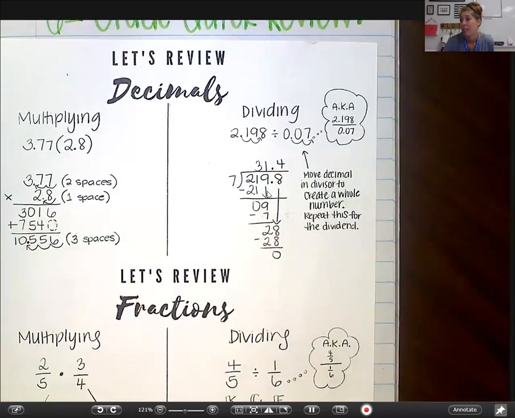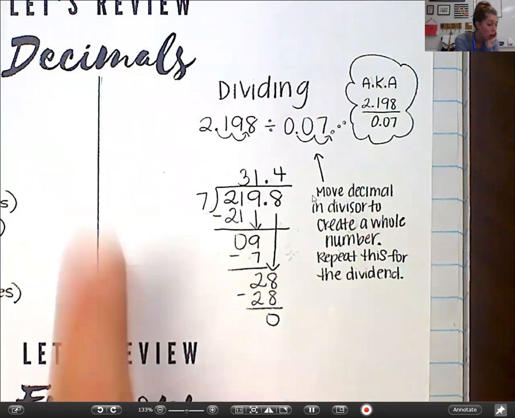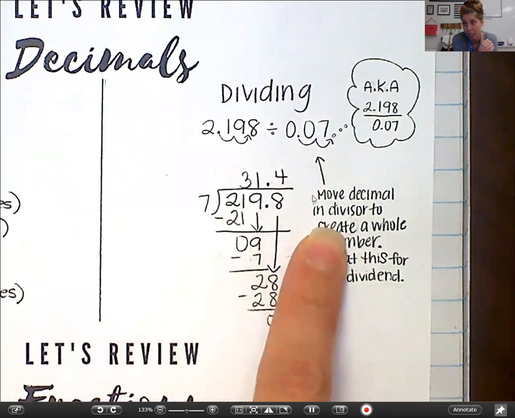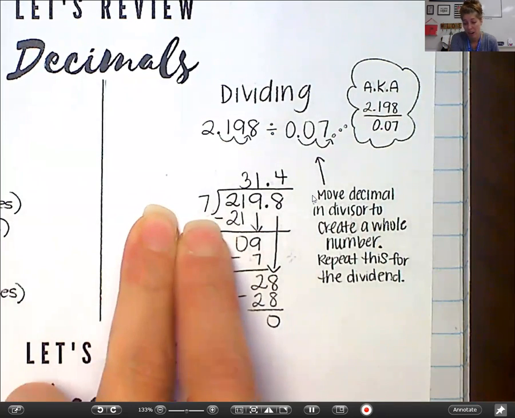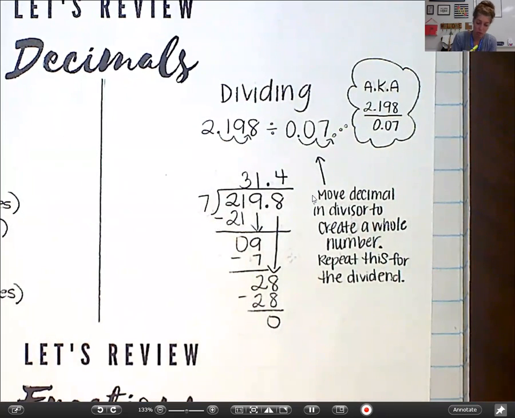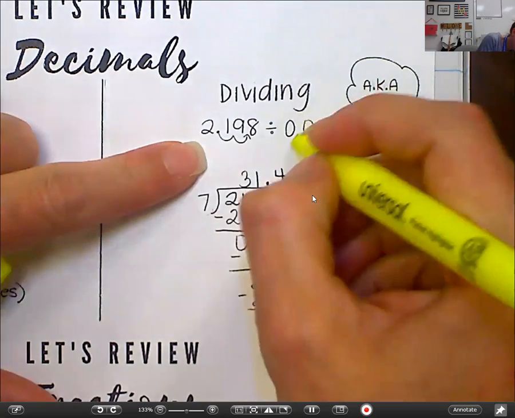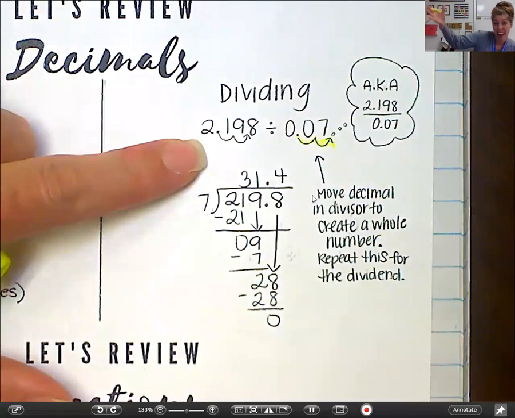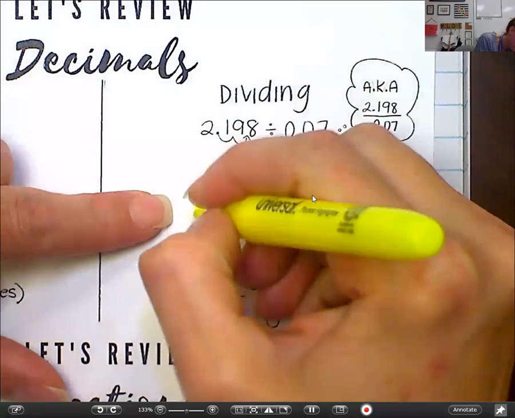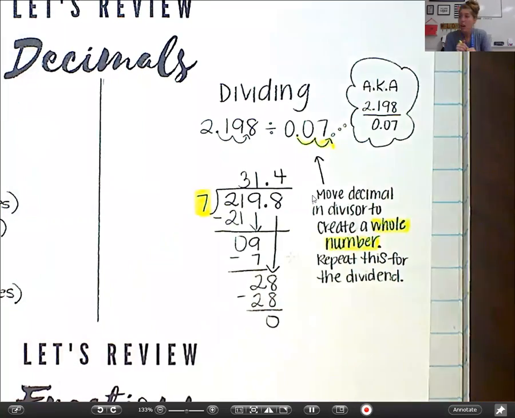So the first one is for dividing with decimals. And this one is all about moving the decimal to create a whole number on the outside, okay? So for example, I moved this decimal outside or to the end in order to make this a whole number, okay?